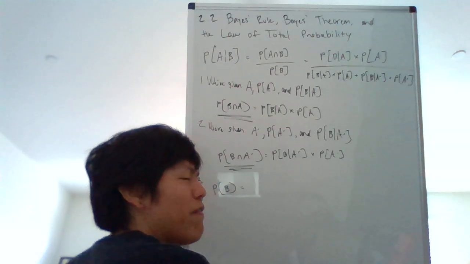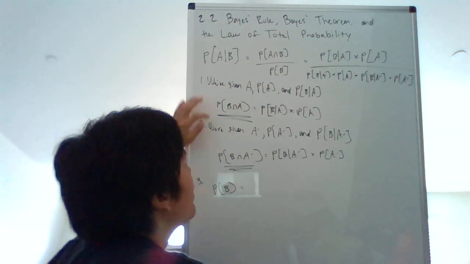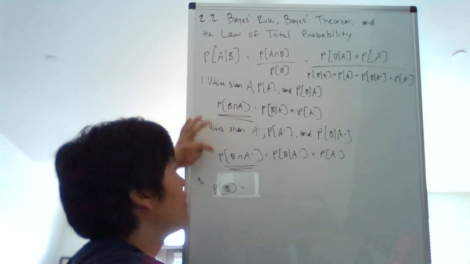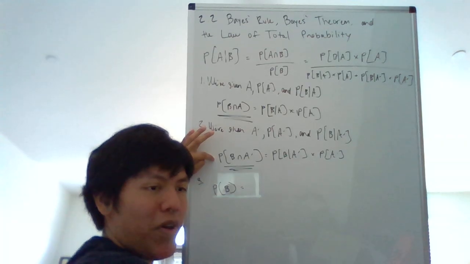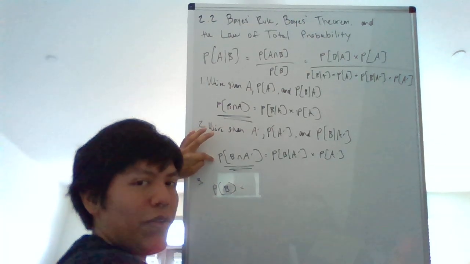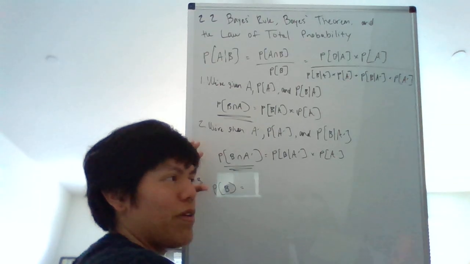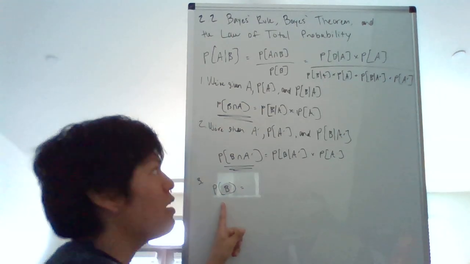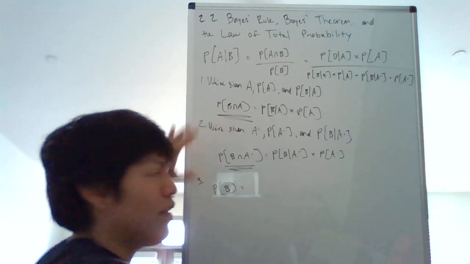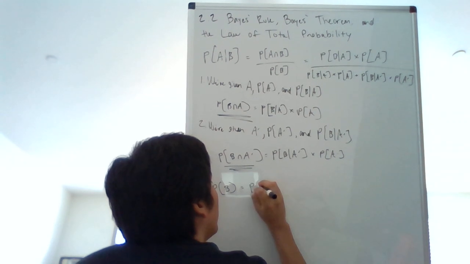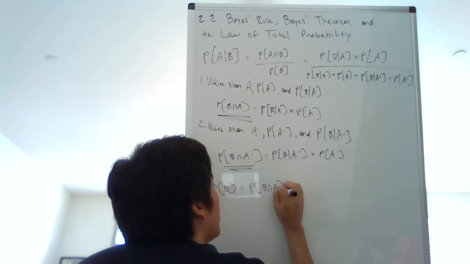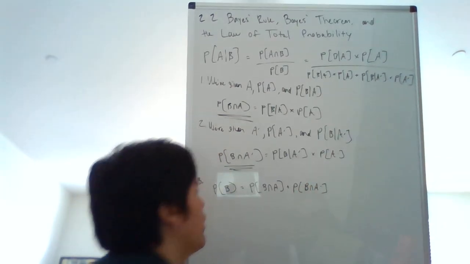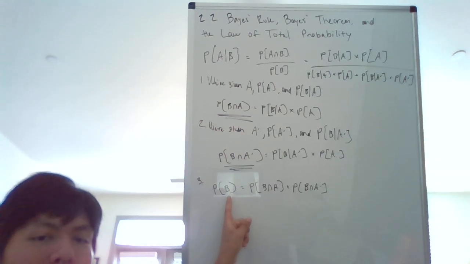And like in the Venn diagrams, this would represent that middle part where both circles intersect, and this would represent that part of circle B where it does not intersect with A. It's the remaining part of circle B. So the probability of all of B would be these two terms added up together. Right? So now we have the total probability of B.